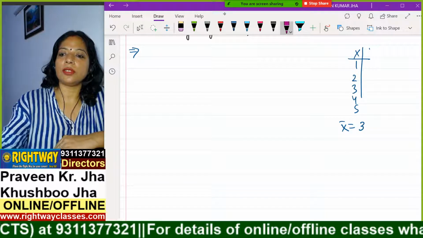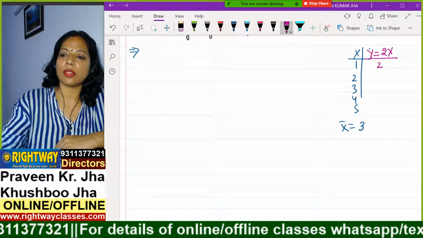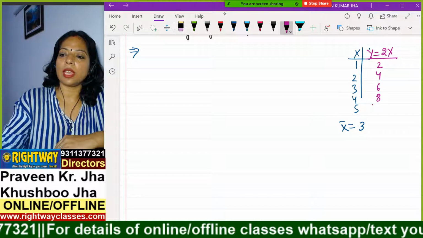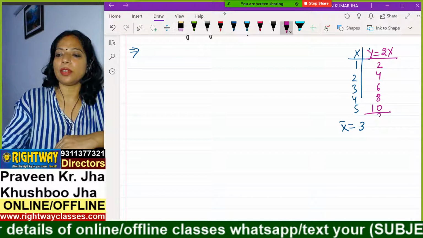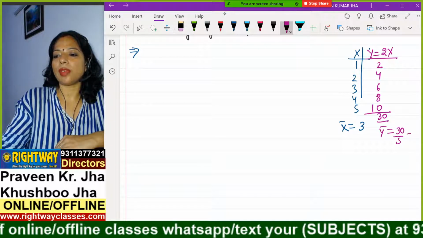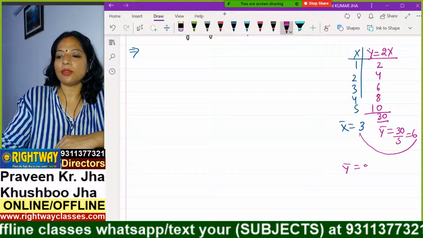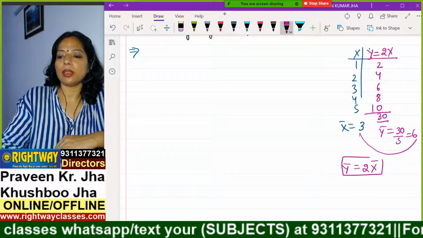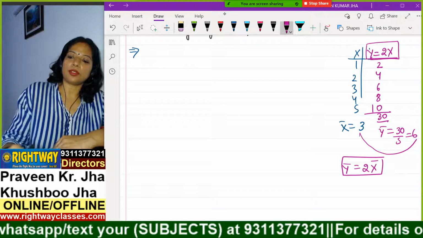If we multiply each observation by 2, we get 2, 4, 6, 8, 10. If we add all the values, 2, 6, 12, 20 and 30, so y mean will be equal to 30 by 5 is equal to 6. And can't you see the relation that y mean is equal to 2 times x mean? So the same relation holds for the average also.